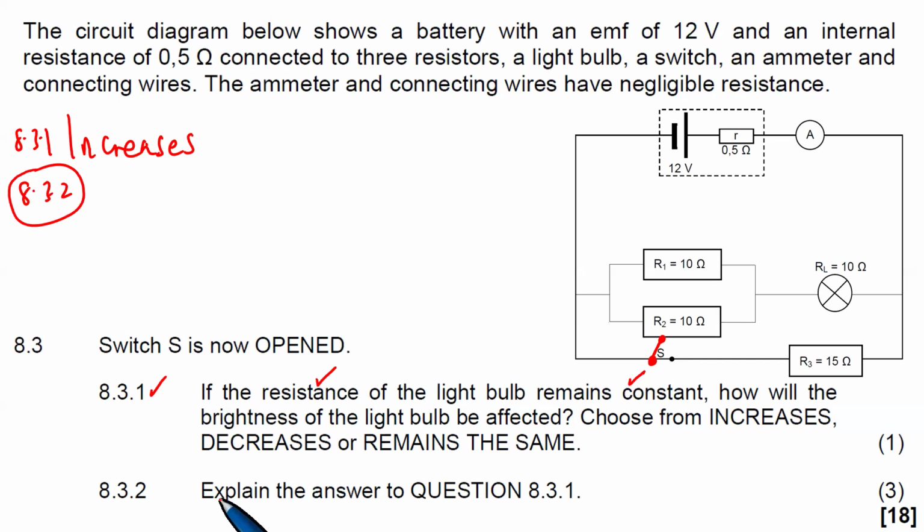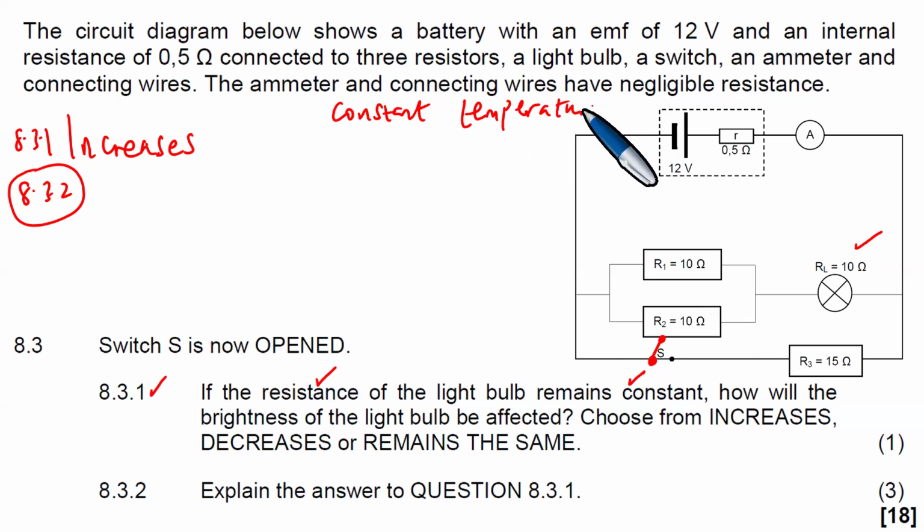Why? Because they want us to be in a position to use Ohm's law here. If in other words the resistance of the light bulb remains 10 ohms. Why is that necessary? Because Ohm's law works at constant temperature.